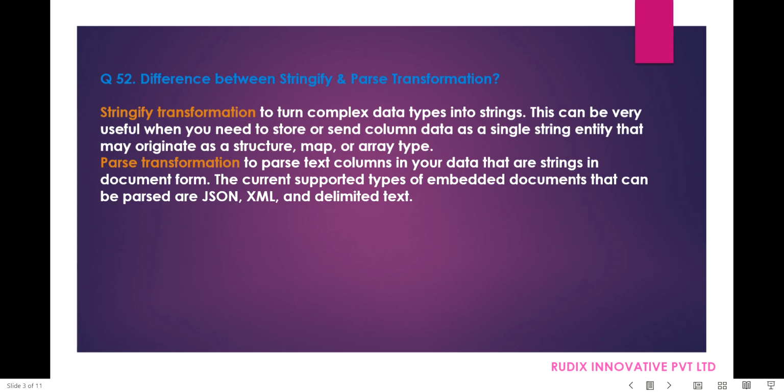This can be very useful when we need to store or send column data as a single string entity that may be organized as a structure, map, or array type. The parse transformation means to parse the text columns in your data that are strings in document form. The currently supported types of embedded documents that can be parsed are JSON, XML, and delimited text.